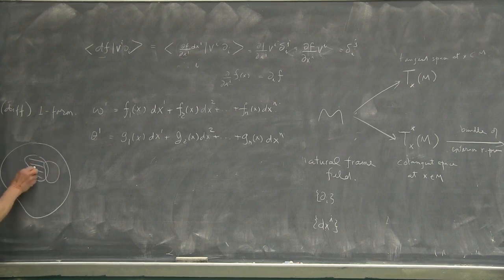So in a differentiable manifold, usually you have this situation where you put together different regions. Each different region usually requires one particular set of coordinates. Then the important thing is what happens in the intersection between two different regions. Here you have one set of coordinates, here you have another set of coordinates.